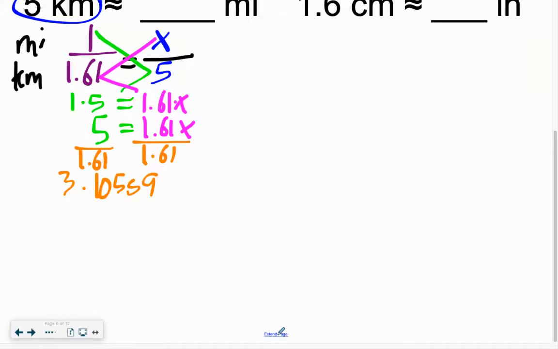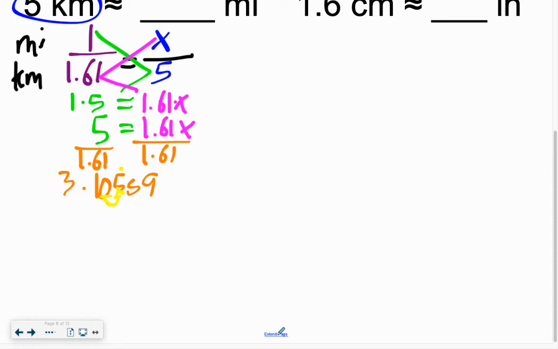Then follow instructions. If they don't tell you what to do, Mr. Walls says 2, a fun little rhyme that came to me today as we were doing this in class. So what I mean is if they don't tell you where to round, round to the nearest hundredth. That's this 0 here. Well, in fact, since we're in our notes, would you please draw a line underneath that 0, and then draw an arrow to the number immediately after that.